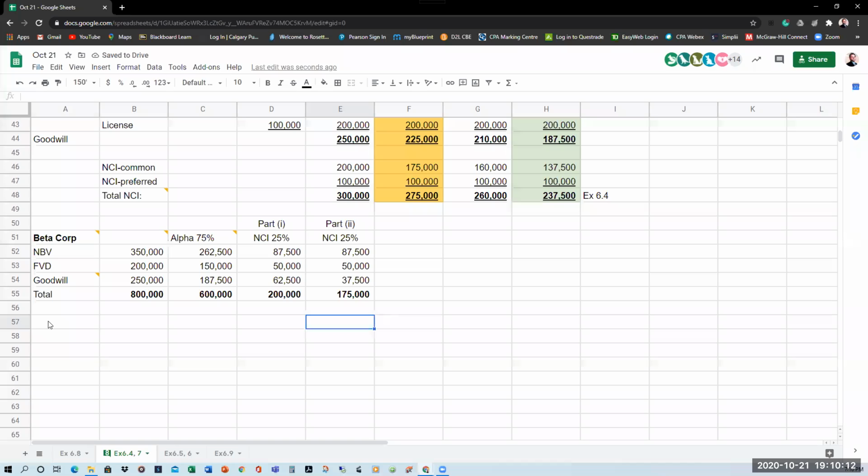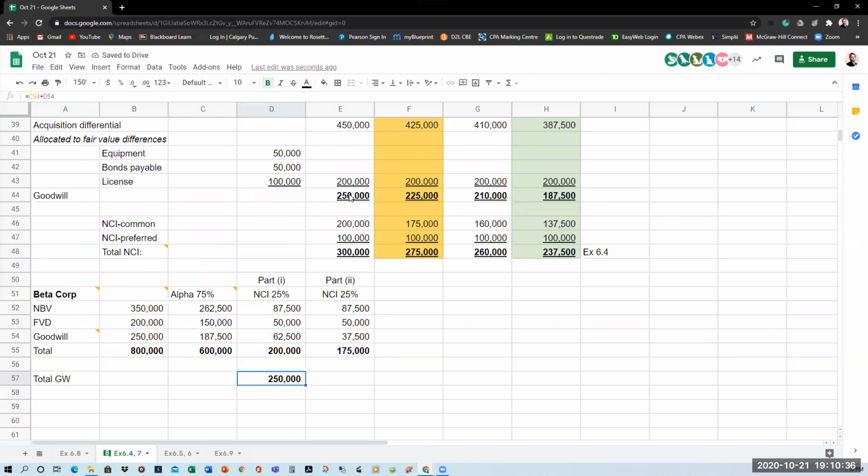Here's something to see. Total goodwill in part one is calculated as the parent's share of goodwill plus NCI's share of goodwill. So parent share 187,500. Non-controlling interest share of goodwill is 62,500. Notice I got my $250,000 back. That was the total goodwill there.